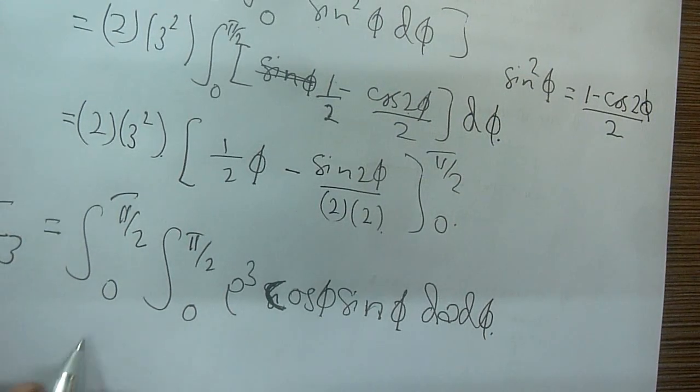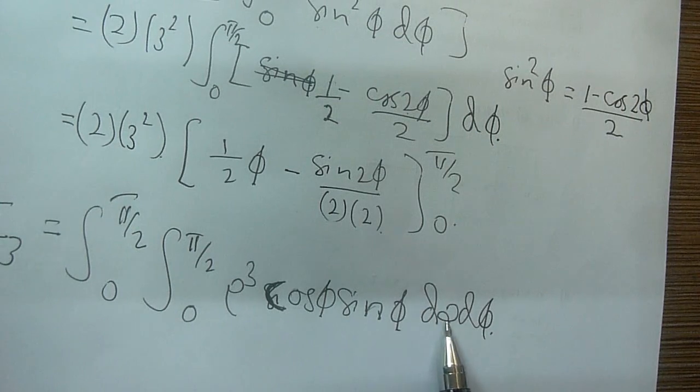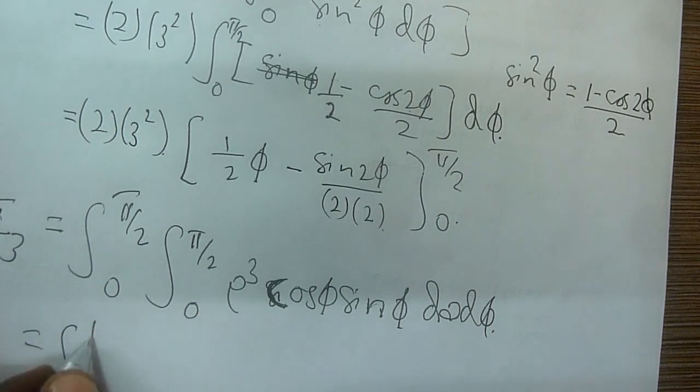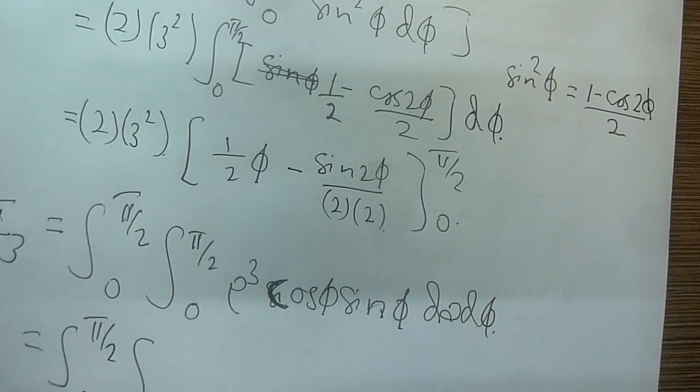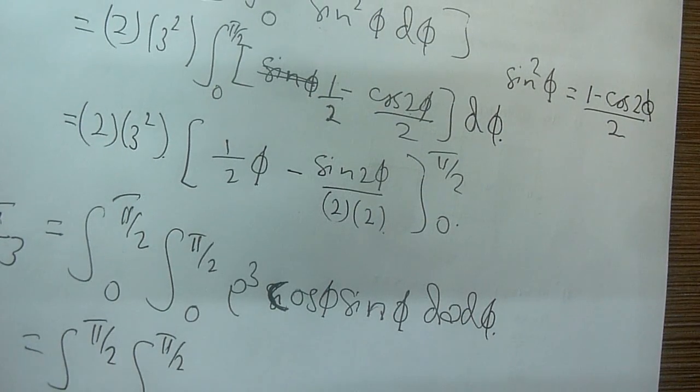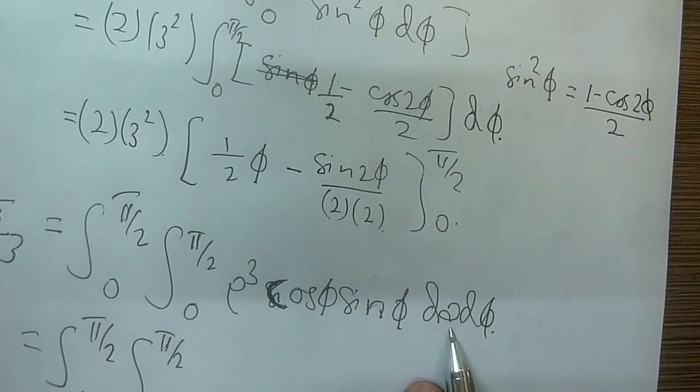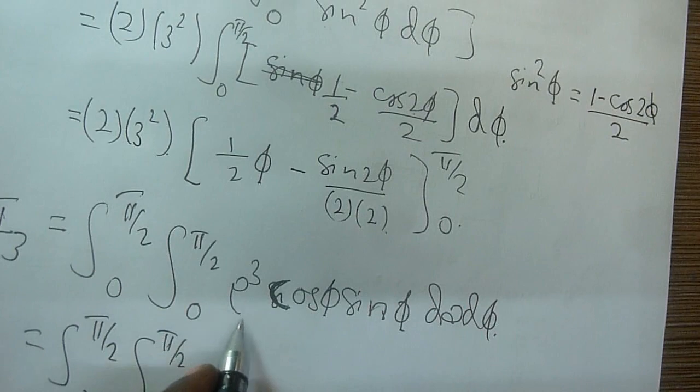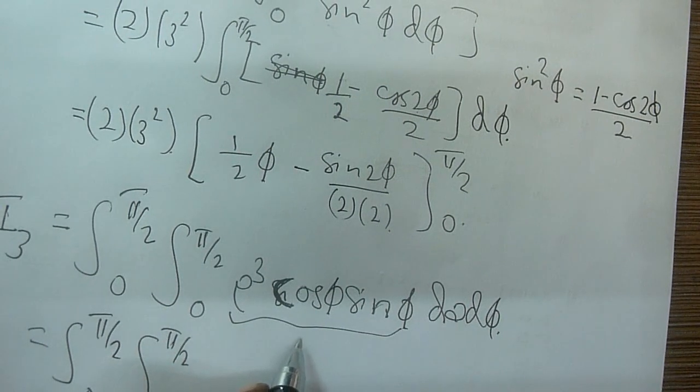In this part it's similar, but theta does not exist here. Some students tend to get confused. No theta here, so you can treat this as a constant b.